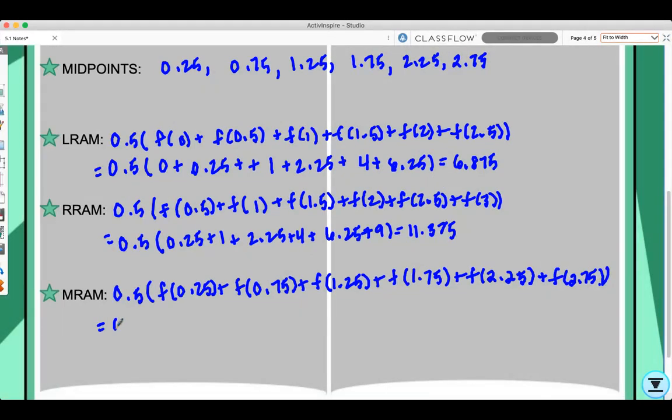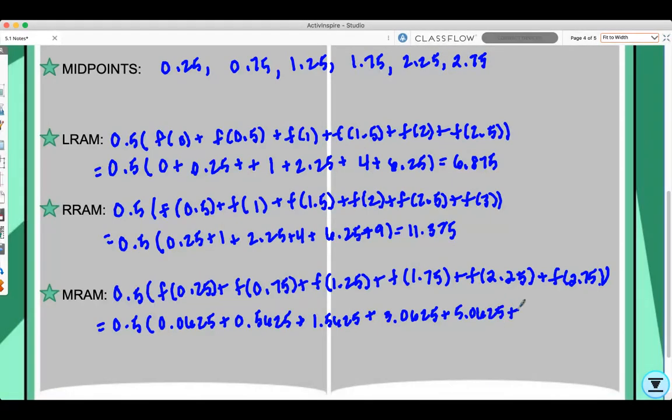This would then equal 0.5 times 0.0625 plus 0.5625 plus 1.5625 plus 3.0625 plus 5.0625 plus 7.5625, which would be about 8.9375.